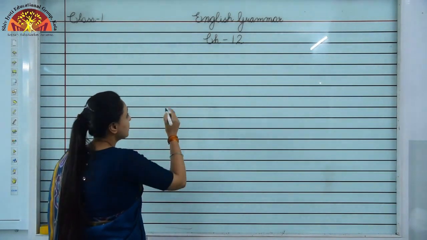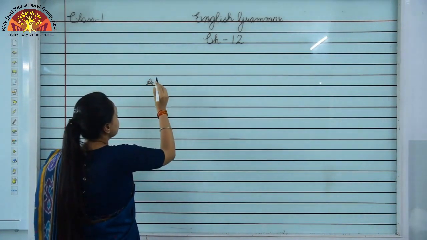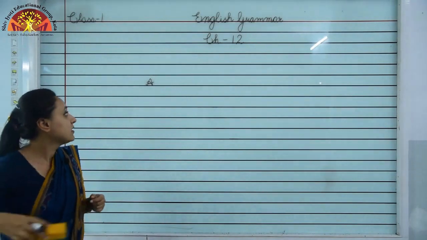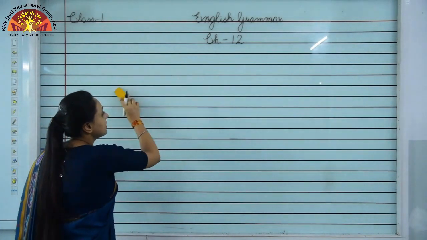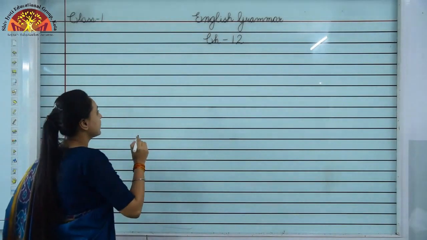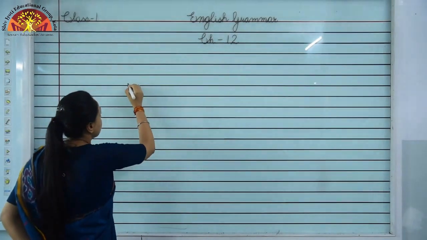So children, you all know there are 26 letters in an alphabet, okay? How many letters are there in an alphabet? There are 26 letters. Let us see.